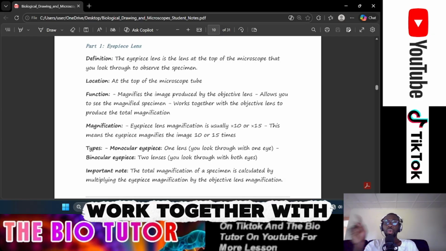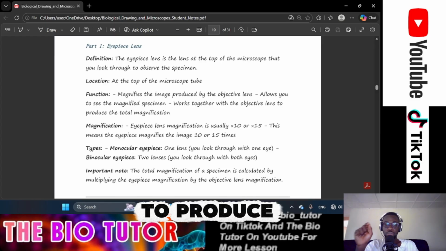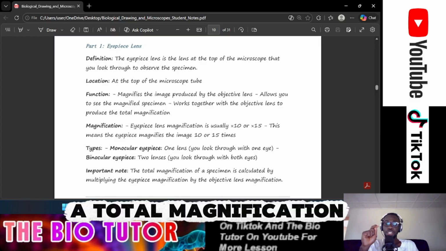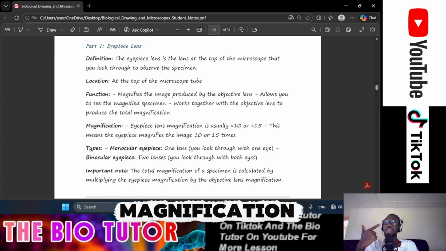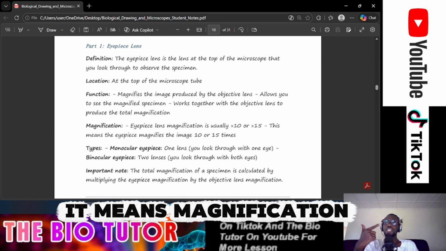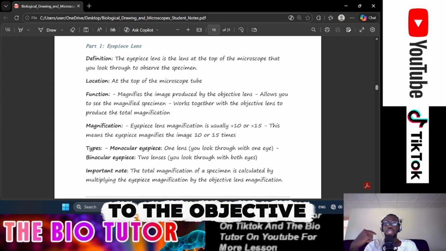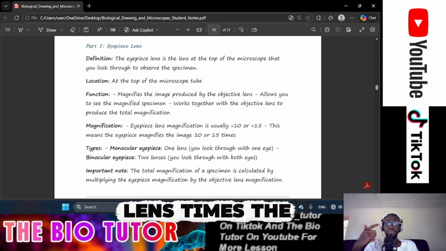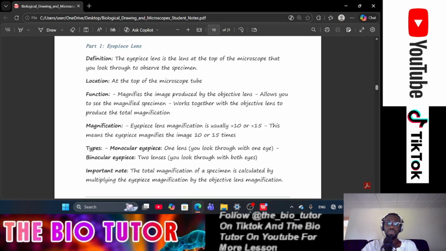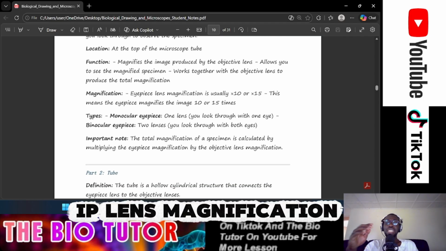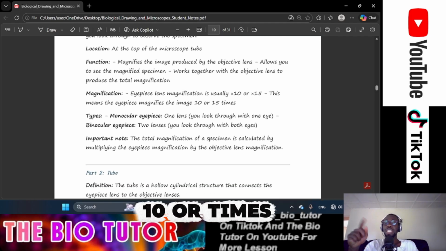And three, it works together with the objective lens to produce the total magnification. If you want to find the total magnification, it is equal to the objective lens magnification times the eyepiece lens magnification. The eyepiece lens magnification is usually times 10 or times 15.